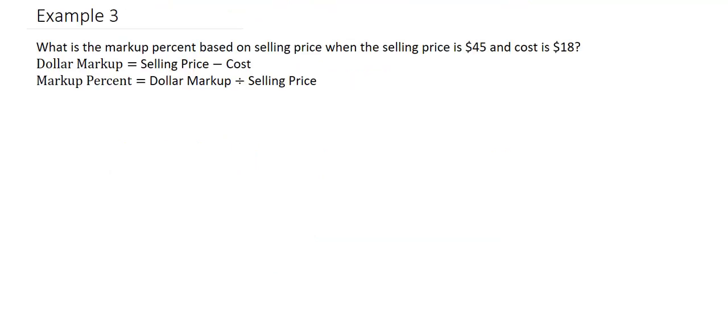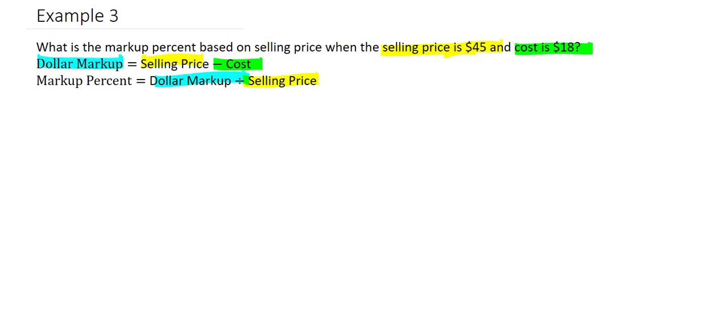Example 3, what is the markup percent based on the selling price when the selling price is $45 and the cost is $18? So let's just go ahead and keep this, and then we have green, which is our cost, and blue is the dollar markup.